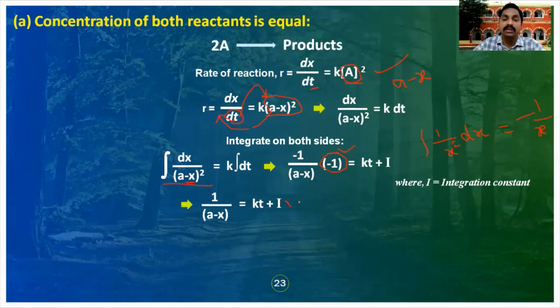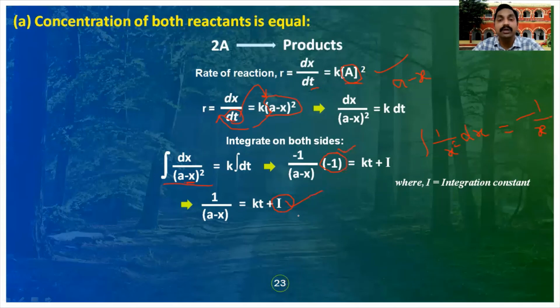Let us solve the value of integration constant I. For this, what we have to do? We have to use initial conditions. Initially, at time t equal to 0, x is equal to 0, which means there is no change in concentration of A at time t equal to 0.